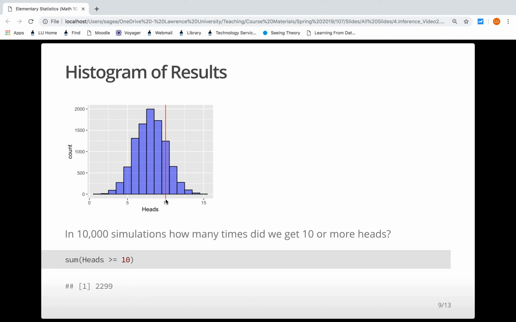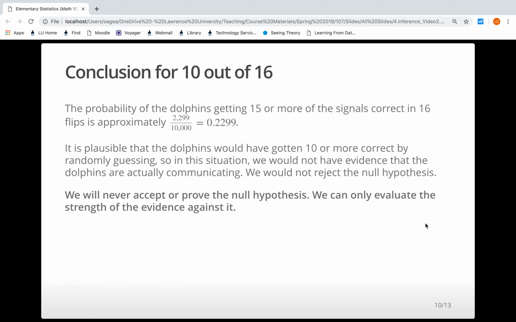So in this situation, it's plausible that the dolphins would have gotten 10 or more correct by randomly guessing. So we don't have evidence to say that they were actually communicating or that they weren't just guessing. We can't reject our null hypothesis in this situation.